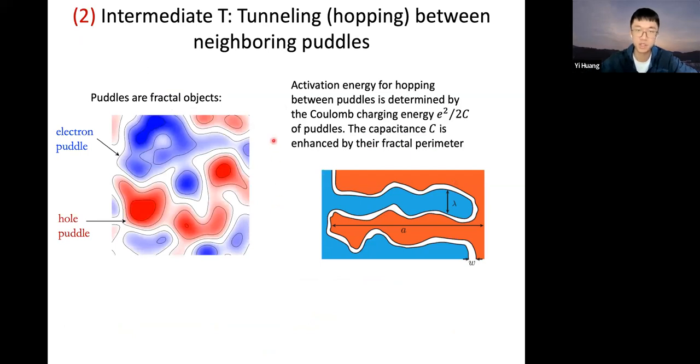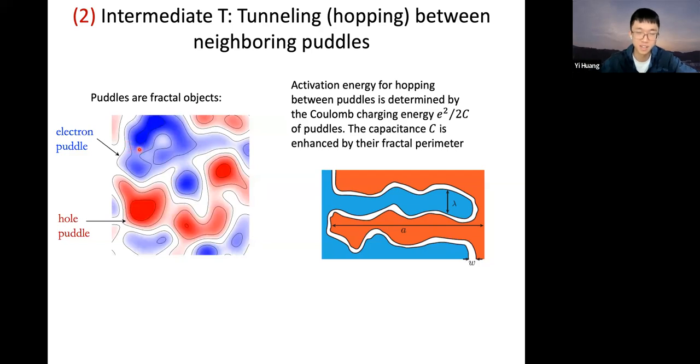If you lower the temperature to the second regime, then quantum mechanical tunneling starts to dominate the conduction mechanism. Due to the fractal nature of puddles, the capacitance will be enhanced.